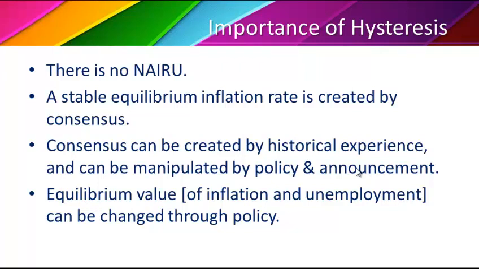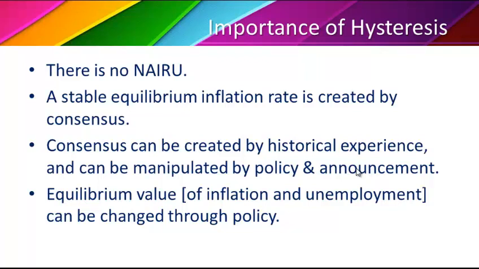So once this is done, this is built into the economy. Once everybody anticipates 10% inflation, then all decisions are made on the assumption that prices will be 10% higher. Then this becomes a self-fulfilling prophecy.